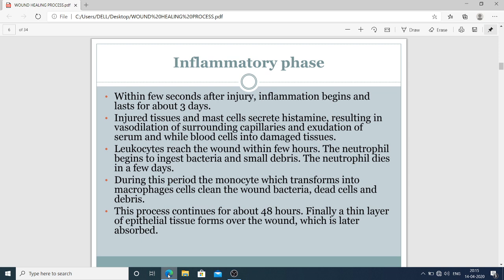Vasodilation is a condition in which dilation of blood vessels occurs, which causes decreased blood pressure.